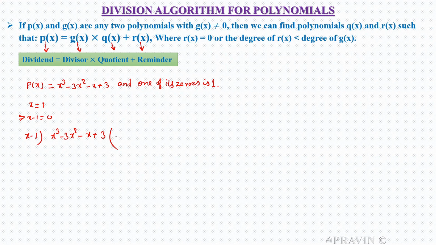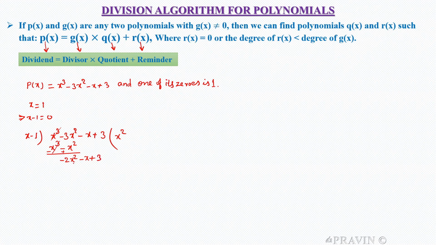For that you will divide it by x square, and here you will get x into x square will give you x cube, minus 1 into x square gives you x square. And while subtracting, just change the sign, plus minus, this will cancel out, and here you will have minus 2x square minus x plus 3.